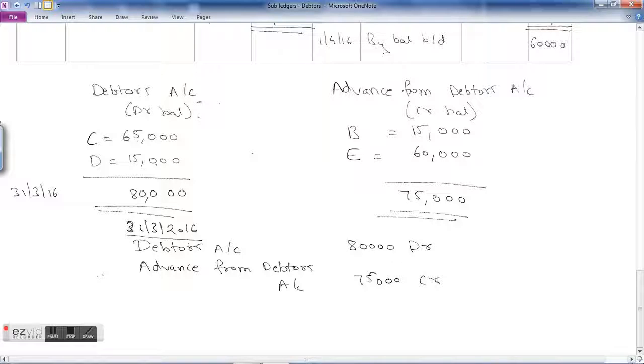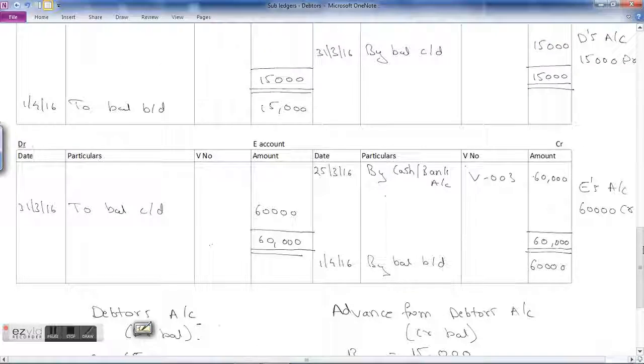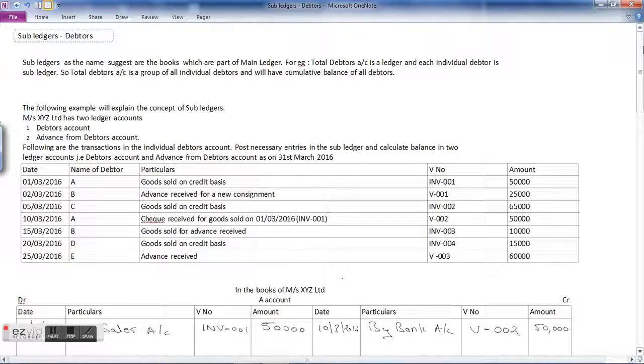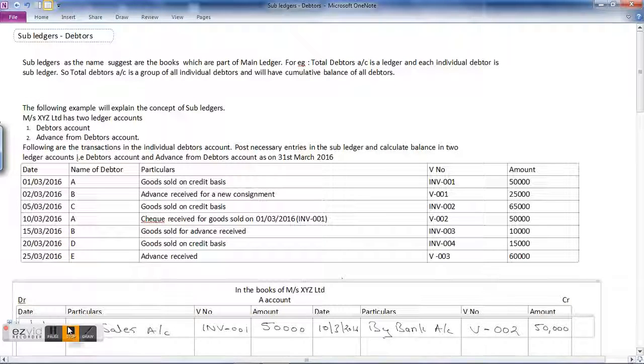Suppose there are some 2000 debtors, we cannot keep on representing all the debtors in our trial balance. So for that purpose we prepare subledgers and then group them into the main ledgers. So this was about the subledgers.